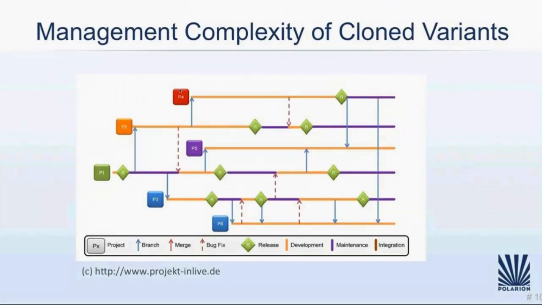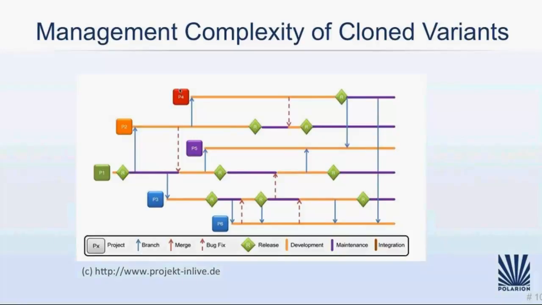But the typical problems that arise during the clone and own development of several possibly similar products are well known. The same functionality is developed several times for different products or for different customers. The same changes must be repeated for different products. Identical features have to be implemented and might behave differently depending on the particular product.